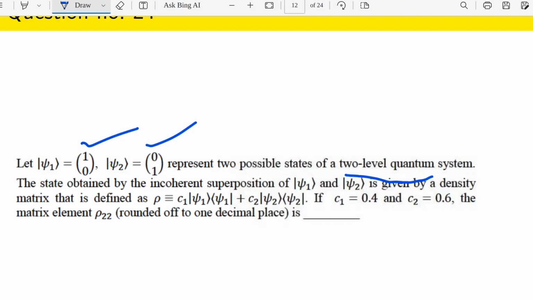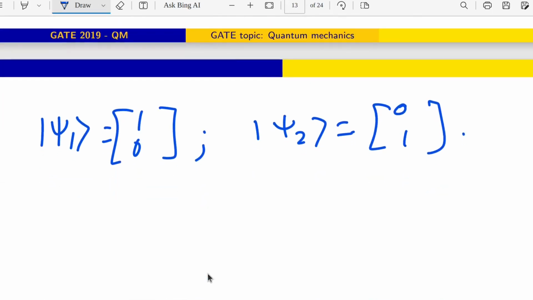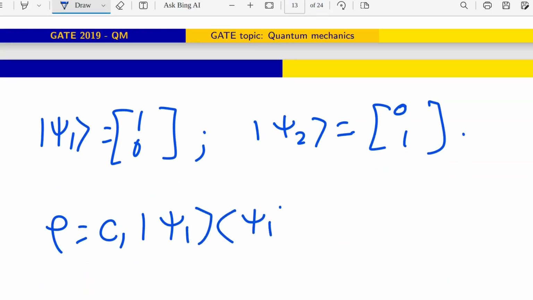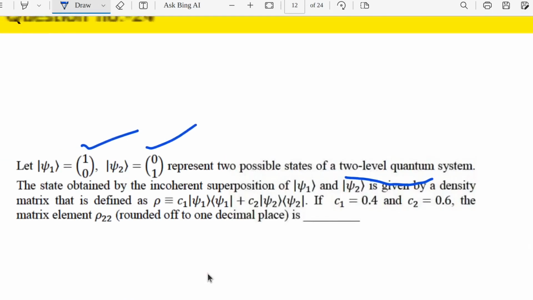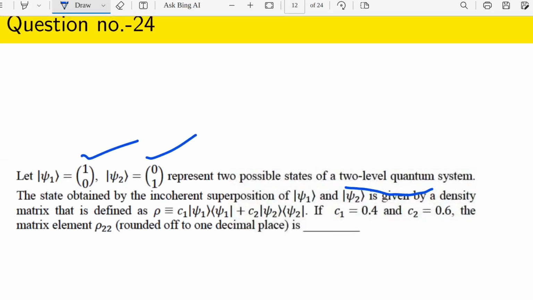So right now I am going to write the density matrix in my note. So what is this one? It is C1 psi 1 psi 1 plus C2 psi 2 psi 2. This is the rho, right? So this is the density matrix, and they are asking what will be the density matrix element rho 22 value, where C1 is 0.4 and C2 is 0.6.